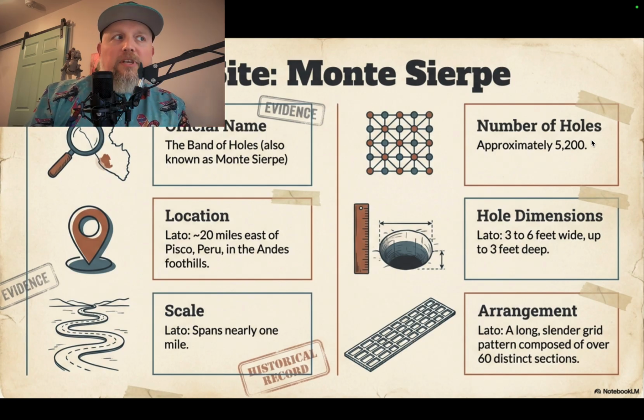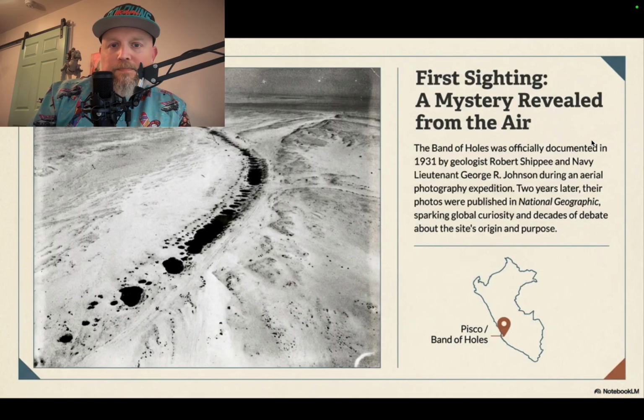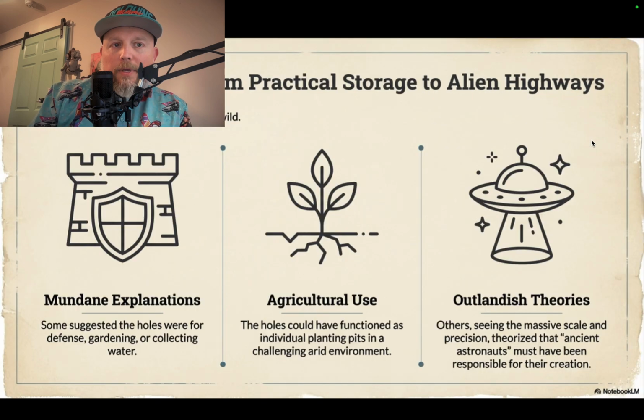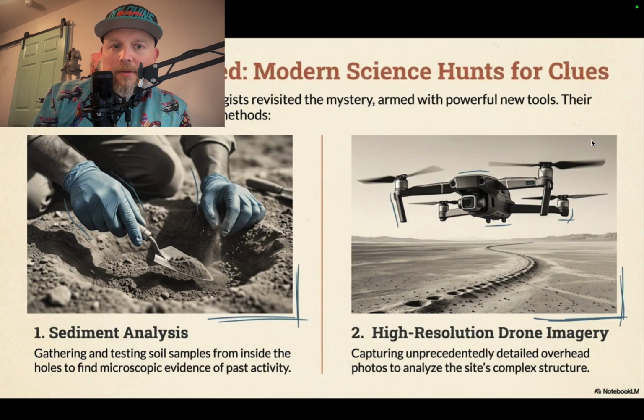A lot of people are using paid software to do this, or some other LLM to make this happen. I feel like this is strong. This is a lot better quality than some of those other places I've made slideshows with AI. Here's the theories. The case is reopened.